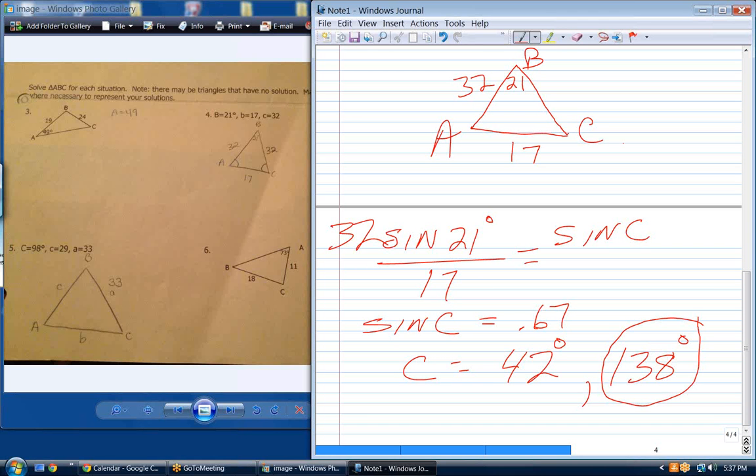In one solution, this is 42 degrees, and we'll solve for the rest of it. Okay, 21, 17, 32. So I solve for this, and then I add this. The other solution, I'm going to draw it.